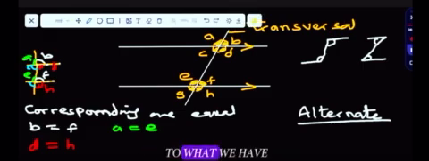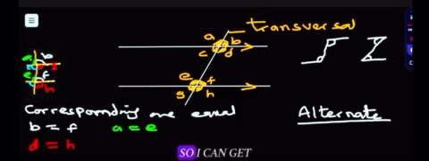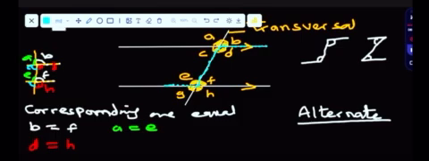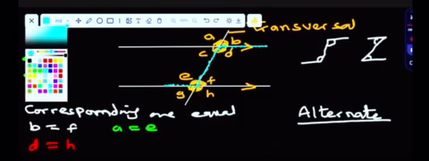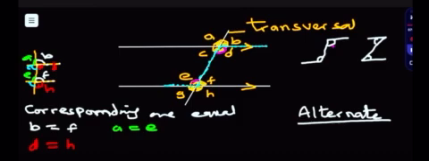Let's go back to what we have in our diagram. I can get a Z shape here. This is the first Z I got. Now take a look at it deeply and tell me the ones that look like this. That will be G and B. Why?